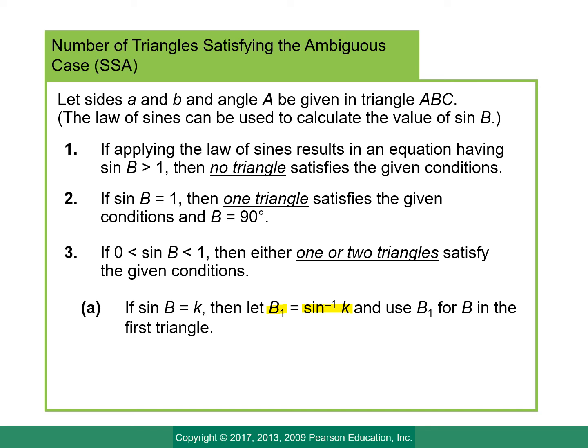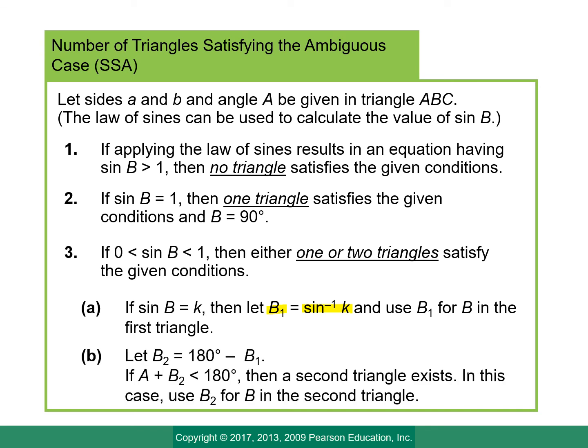Once you find the first one, you find the second one by subtracting that first angle B1 from 180. That's how you find your second angle B.